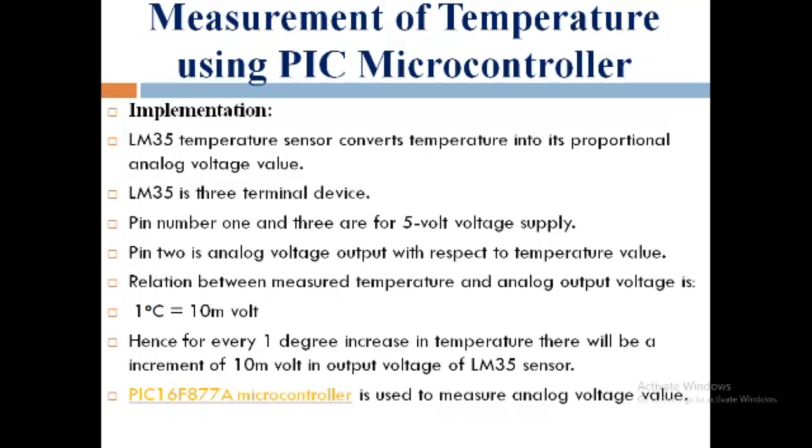Then the relation between measured temperature and analog output voltage is 1 degree Celsius is equal to 10 millivolt.